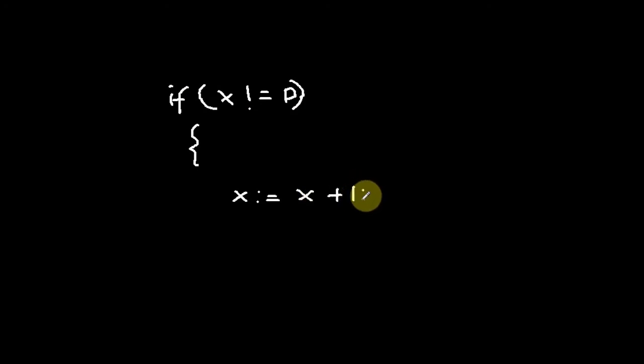Okay, this is what you do normally in programming. You simply check this block, and then you execute the statement. The value of x is incremented.